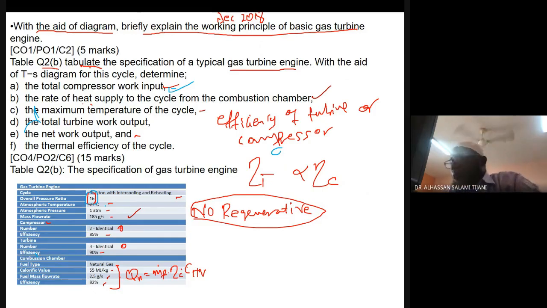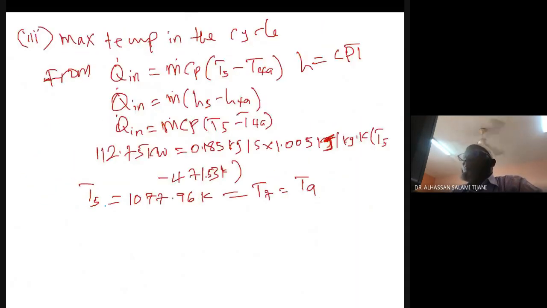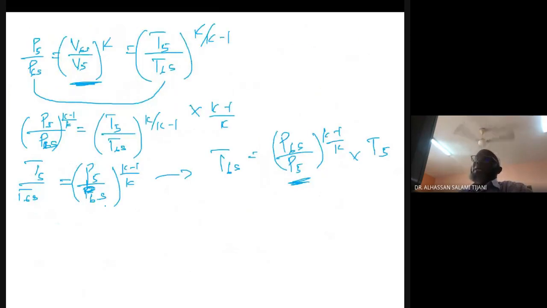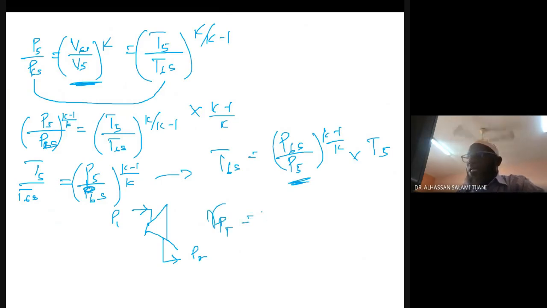Now assuming we have only one turbine, let me define this. If I have a turbine over here, in which the fluid enters at P1 and leaves at P2, the pressure ratio for the turbine is P1 divided by P2.